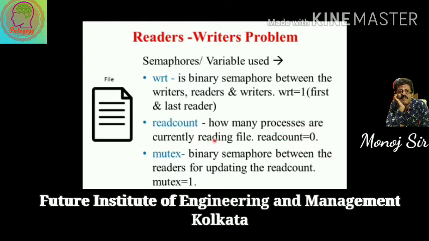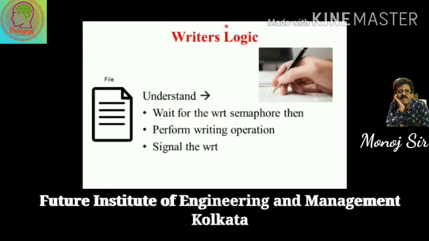And there is a mutex variable, which is a binary semaphore between the readers for updating the read count, and the initial value of mutex is 1. So, recap, we need 3 variables: WRT, read count and mutex to synchronize the reader-writer problem. Thus, no race conditions will occur.